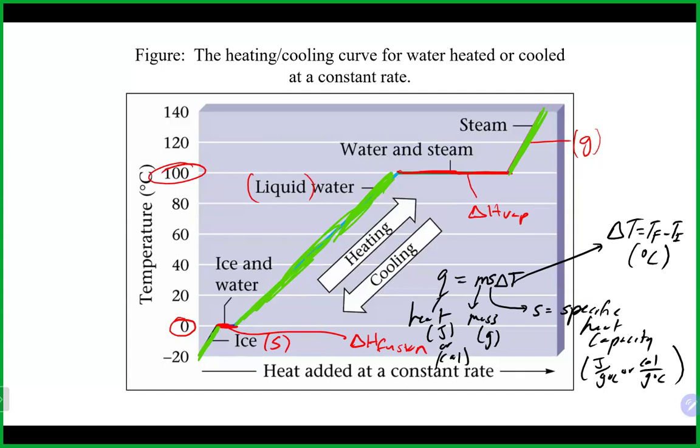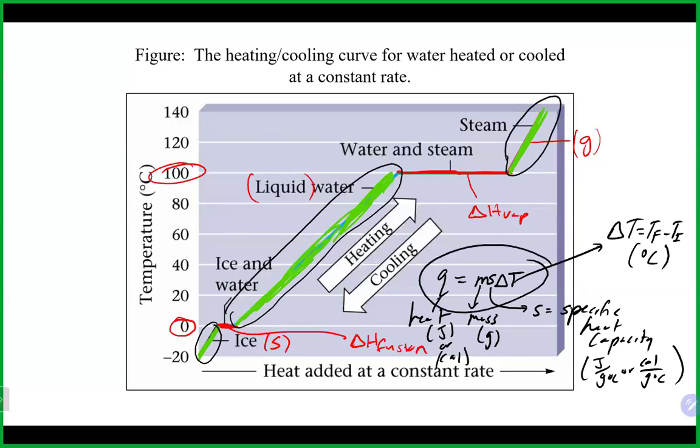So if you have any type of transition that's happening in this green area, where once again, we're staying in the same state but changing the temperature, you would calculate the heat associated with that through the specific heat equation like we did previously.